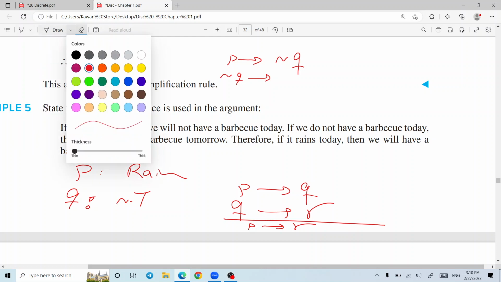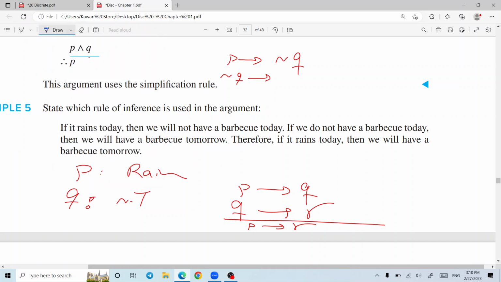Okay, good. We have three sentences. The first one is raining, so I say P. So I say if, then, not today, I say Q. You got that one? Go to the second sentence. Also I have if and then. So if not today, that one repeated, then tomorrow. So you use the third one. Raining, not today, tomorrow.